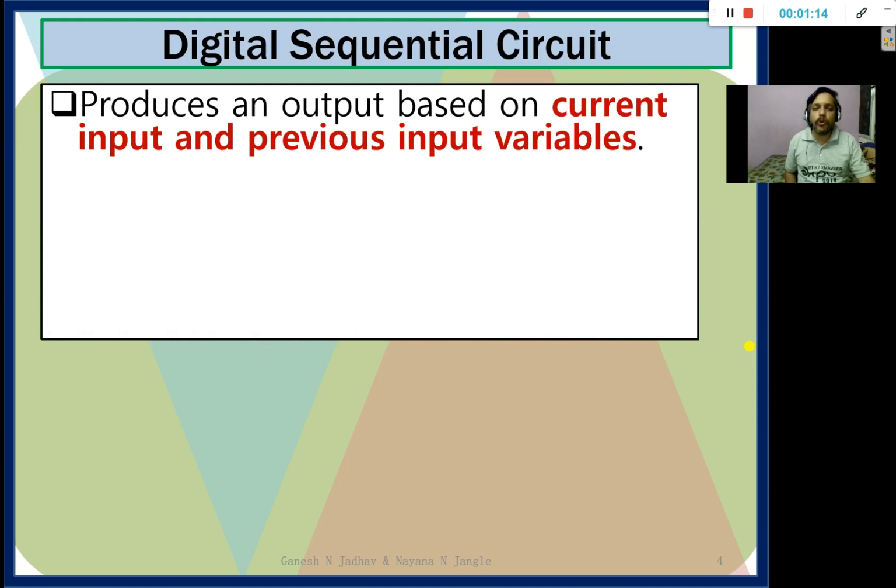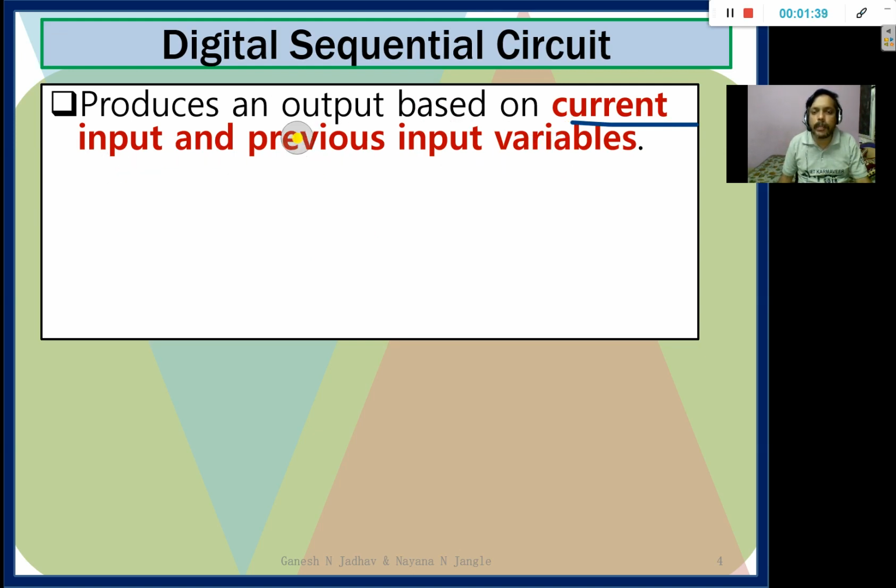It produces the output based on the current and previous input variables. So this is a very important point. It produces the output based on the current inputs as well as the previous input variables. So it means it requires the previous output also.